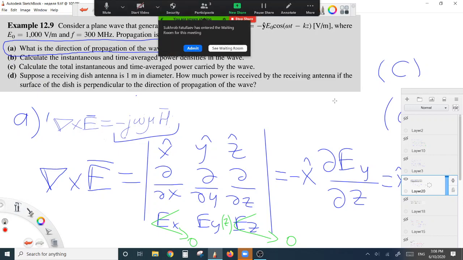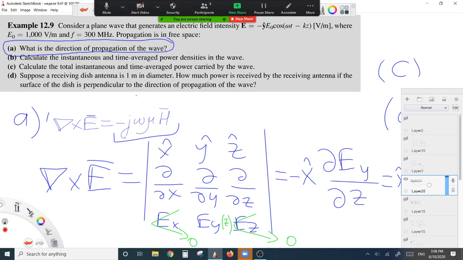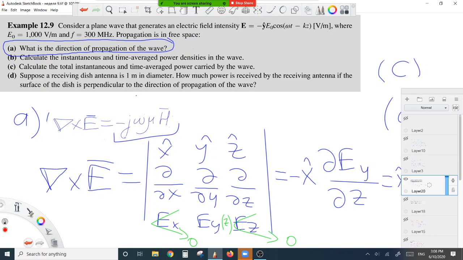This is true for any plane wave. This was the answer to question C, and now let's switch to D.